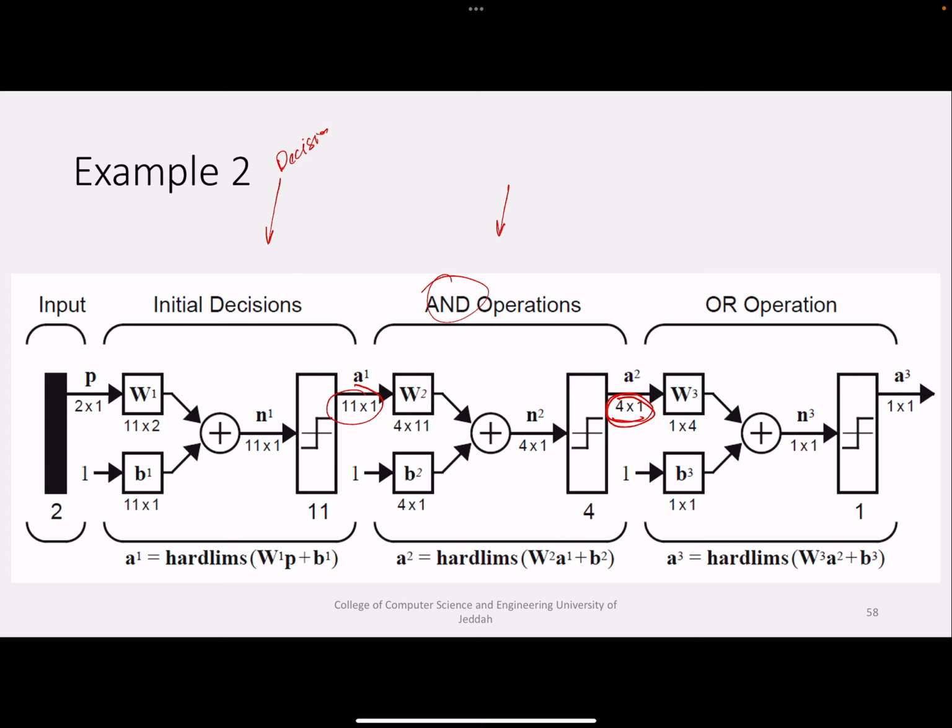If the input lies in any one of those 4 bounded boxes we created with the decision boundaries, we get a single value at the output: if 1, the input belongs to class 2; if -1, the output belongs to class 1 or anything else.